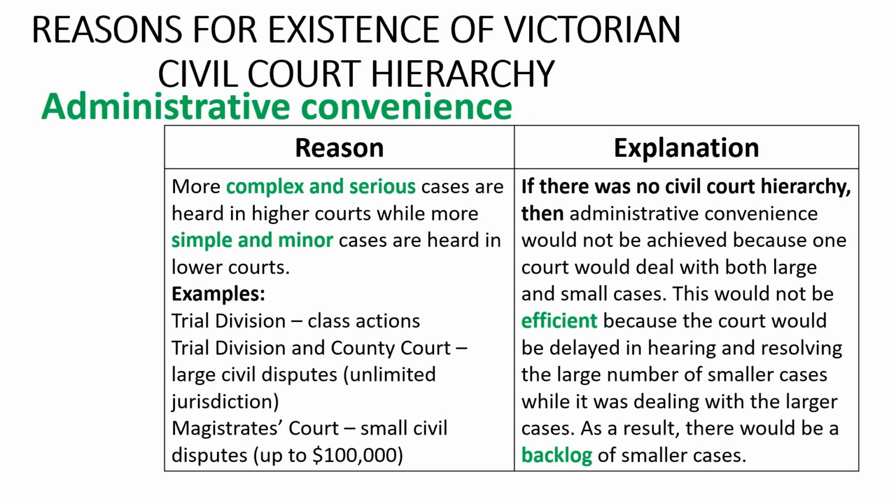However, because the Year 12 curriculum emphasises administrative convenience and appeals as being the 2 key reasons for a Victorian civil court hierarchy, these are the 2 reasons that I want you to use if you're answering a question in a SAC or exam about the reasons for a Victorian civil court hierarchy.